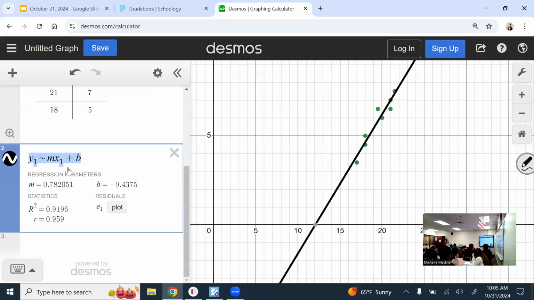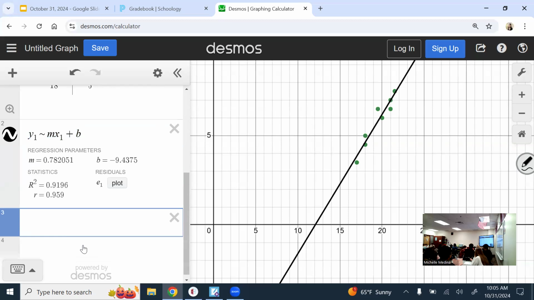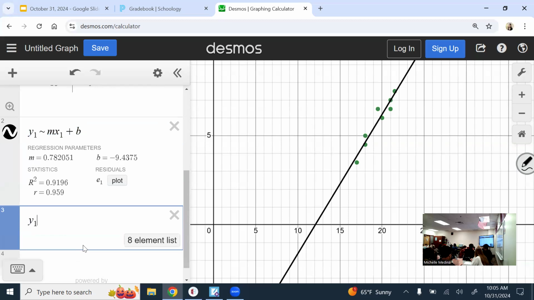I would take notes of typing that in. And you don't have to do anything special with the one. If you literally just type Y1 into Desmos, it automatically makes it a subscript.